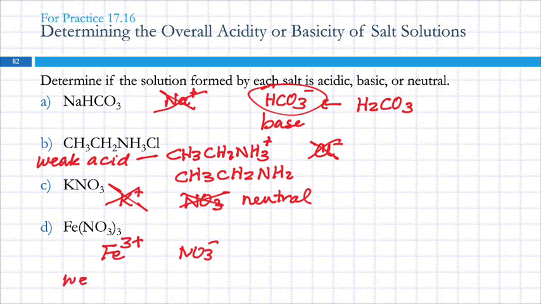This is a weak acid. Fe3+, Al3+. And then this one is not changed from what it was up here. It is still the conjugate base of a strong acid, so that one doesn't do anything. And so D will make an acidic solution. Any questions? Isn't that fun?